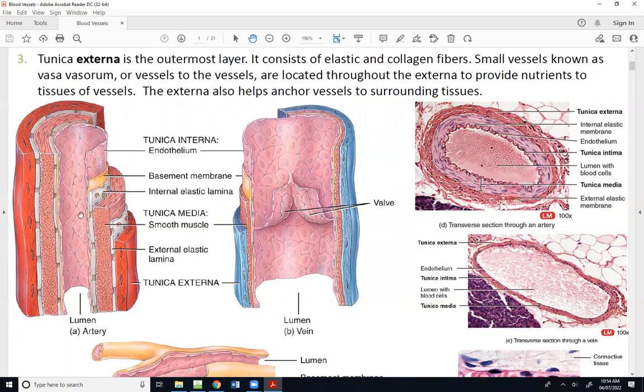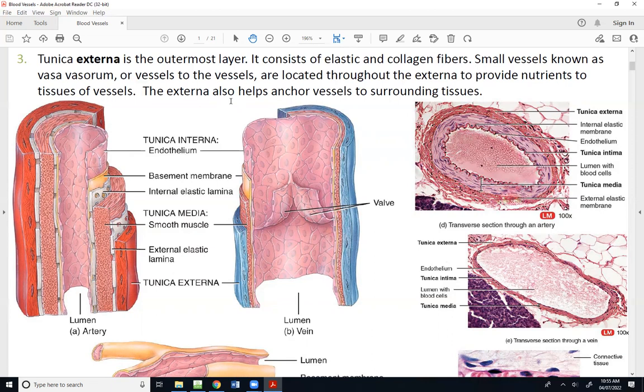Same situation: the blood's on the inside of these blood vessels, so nutrients are maybe not going to be able to come out and provide nutrients and remove waste from the externa. So they actually have their own blood vessels. And not all blood vessels are going to have their own tinier blood vessels, but your bigger ones absolutely should. Overall, the function of the externa is just to help anchor the vessels to surrounding tissues.